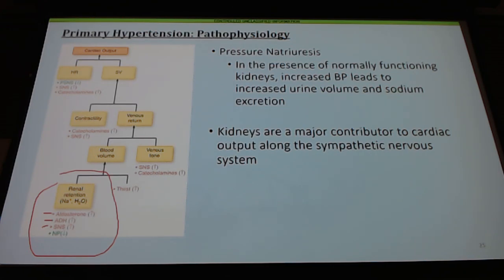But one of the things it does have to help you lower blood pressure is this pressure natriuresis, where if the kidney perceives that that pressure is too high, it's going to start dumping sodium, which is then going to pull water along with it, and so you start to lose volume because you're getting rid of that sodium and getting rid of that water, in hopes that it's going to lower that pressure.